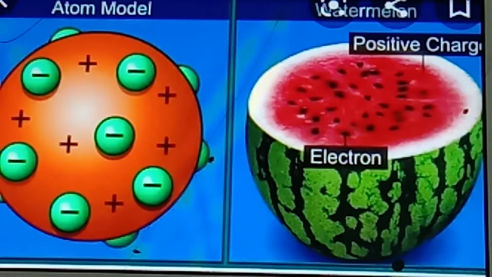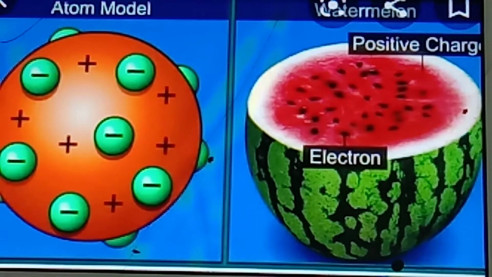Next topic is Thomson's atom model. J.J. Thomson, an English scientist, proposed the famous atom model in the year 1904.